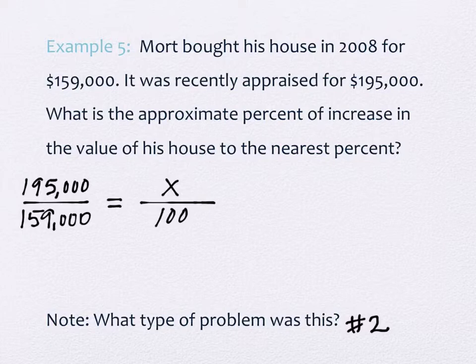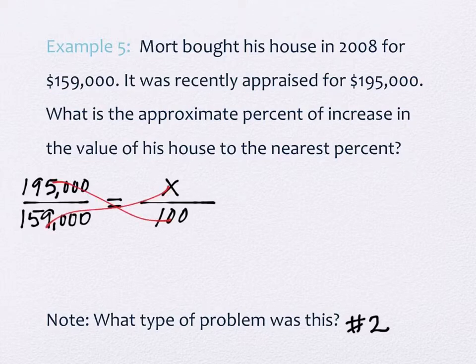Okay. There you go. The original is what goes on bottom, and the original in this case was the 159. Okay, so they've got to line up. The original price is the 100% price. The new price has increased. Okay, everybody good with that so far? Okay, so this is definitely one of the ways to set up the problem. That was teamwork. Good job, guys.